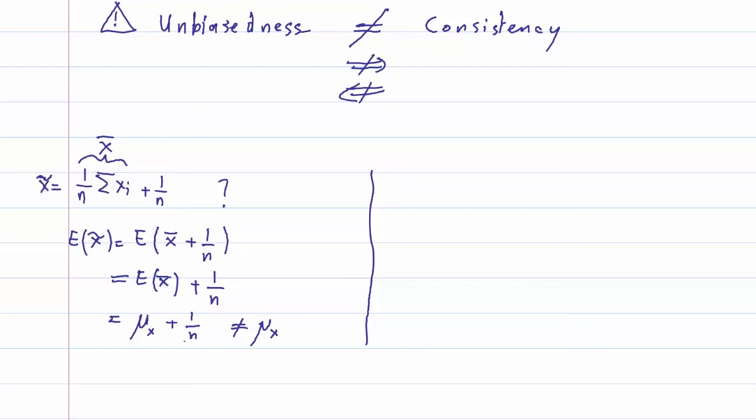So here it is biased. However, it's consistent, and you'll see some rules later about the probability limit that will show that this is consistent. What happens is that the bias 1 over n will go to 0 as n goes to infinity. So here we have something that's biased but consistent.